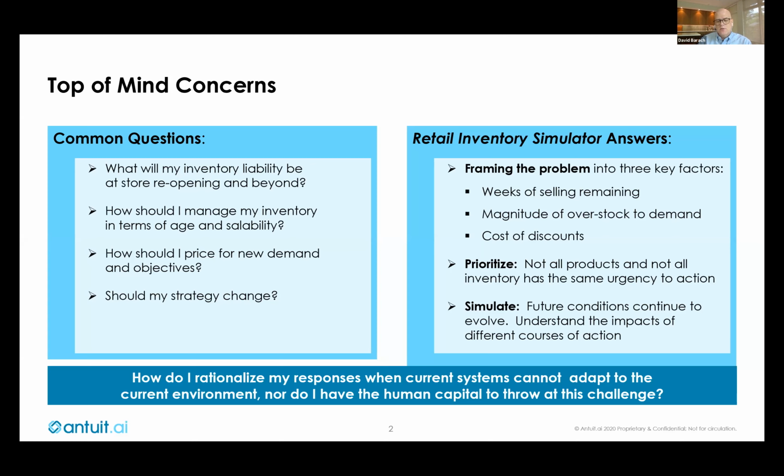Few retailers could or even should spend the time and dollars necessary to, for instance, reprice all their inventory immediately based on current patterns. And third, given the unknowns of future conditions, we needed to be able to provide the ability to run scenarios or simulations against the many different possible assumptions related to business resumption.